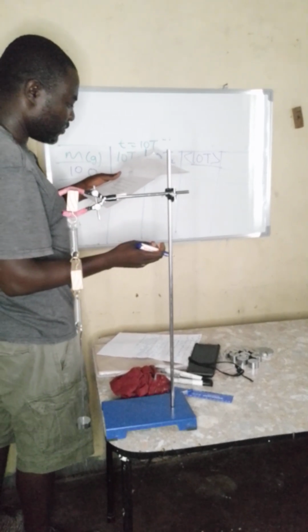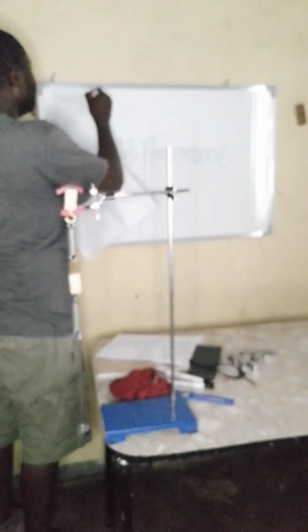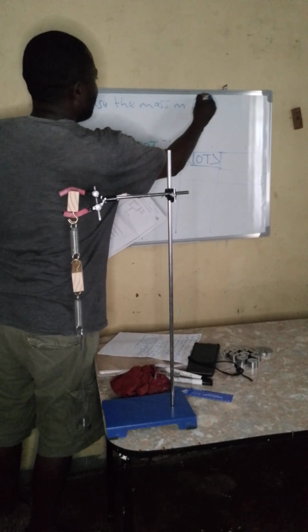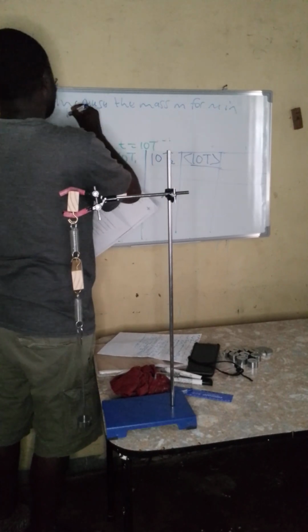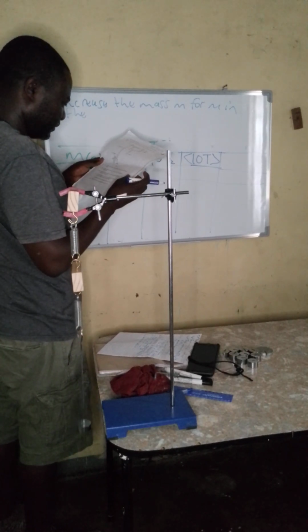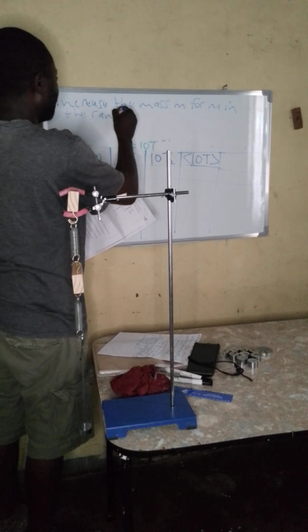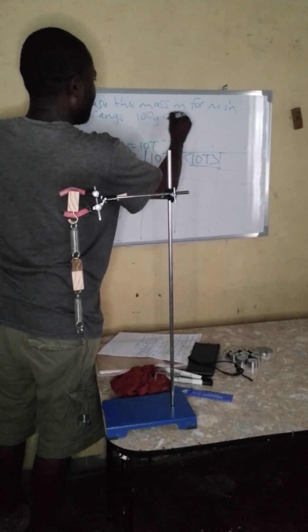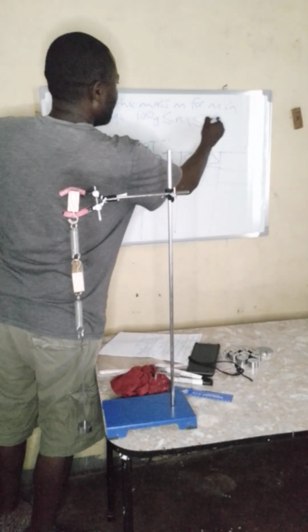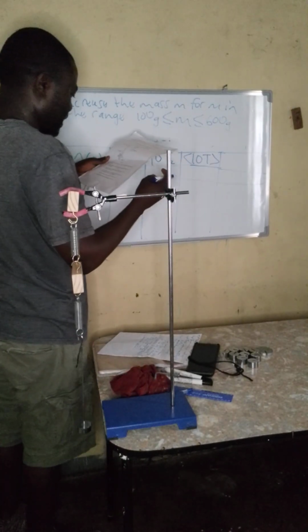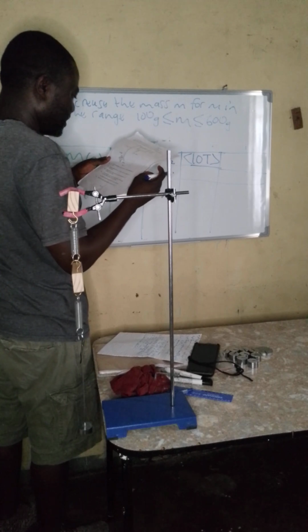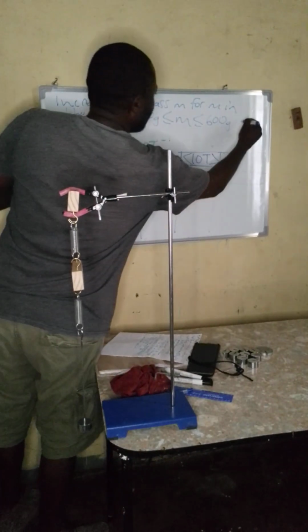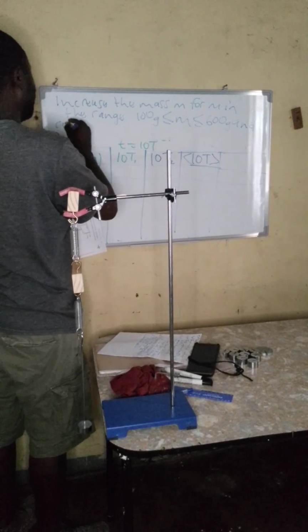It says: increase the mass M for M in the range 100 grams less than or equal to M less than or equal to 600 grams, and repeat the first three instructions to obtain 6 sets of readings.